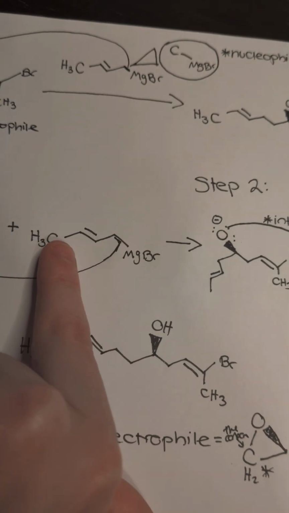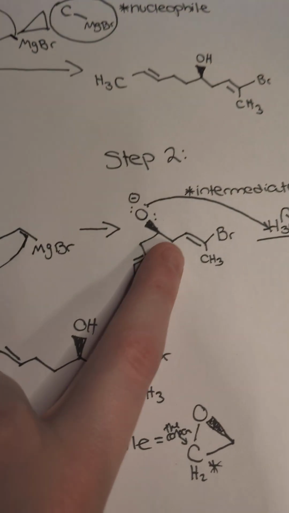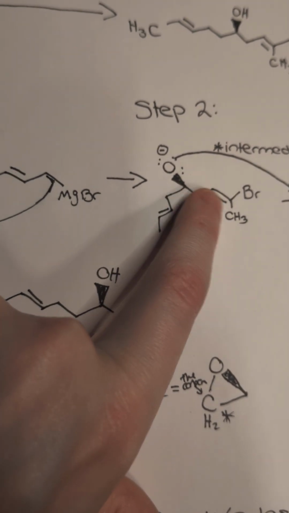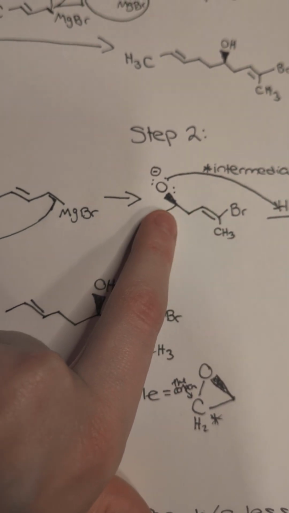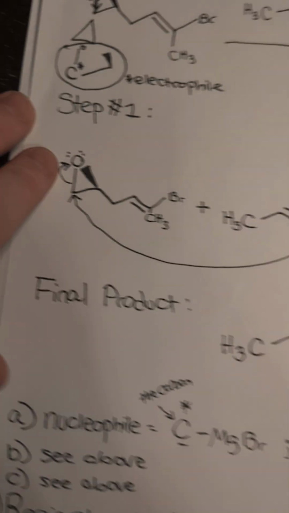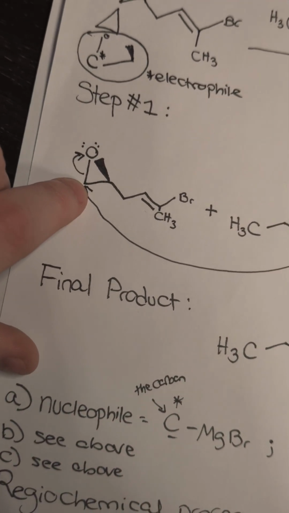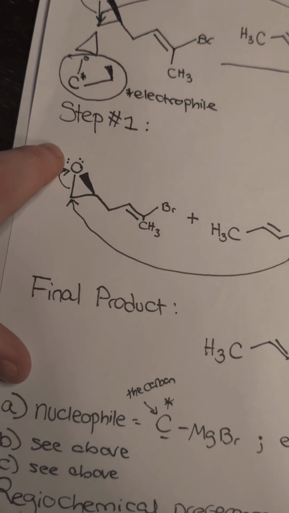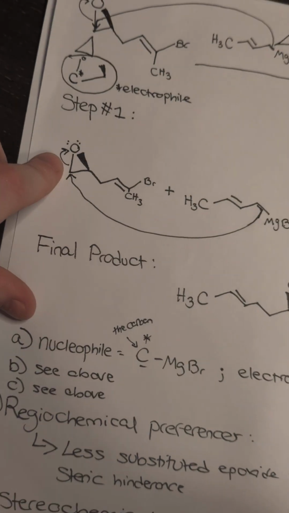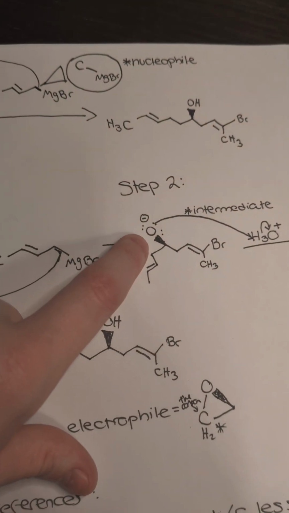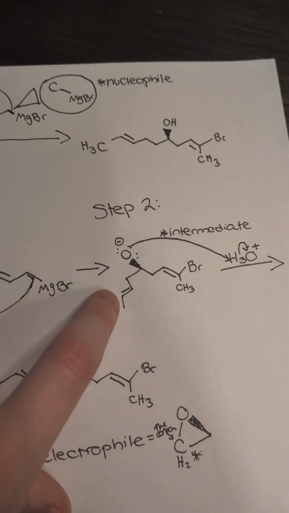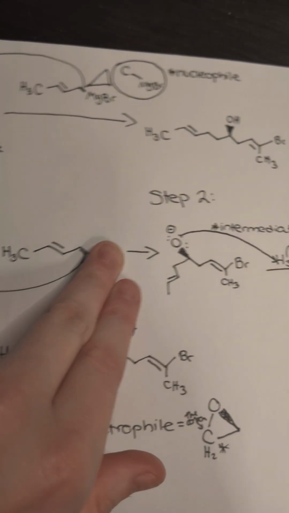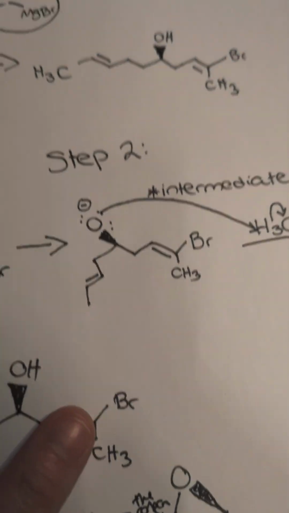So we're going to be left with CH3, CH, CH2 attached to that carbon atom. Then the other bond on the CH2 is going to be broken, and those electrons are going to flow up to the oxygen atom. So we're going to be left with an O minus attached to the MgBr, and we're going to get this intermediate molecule.